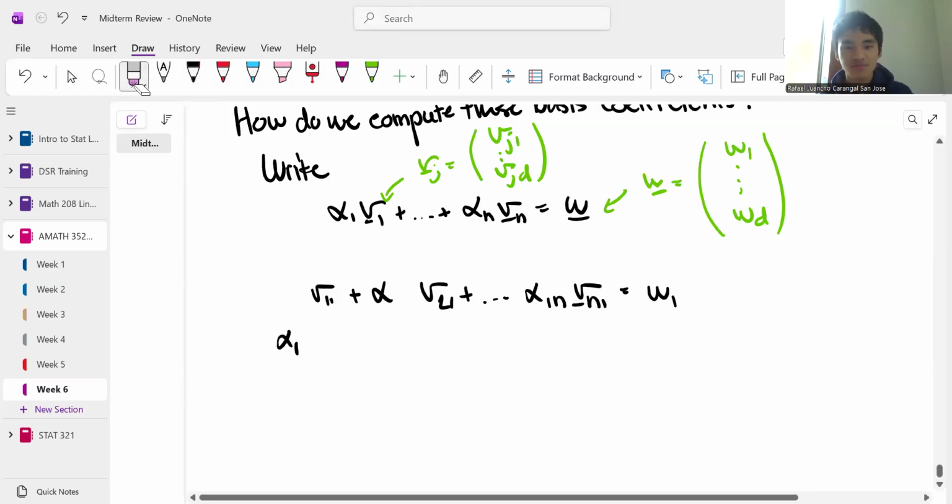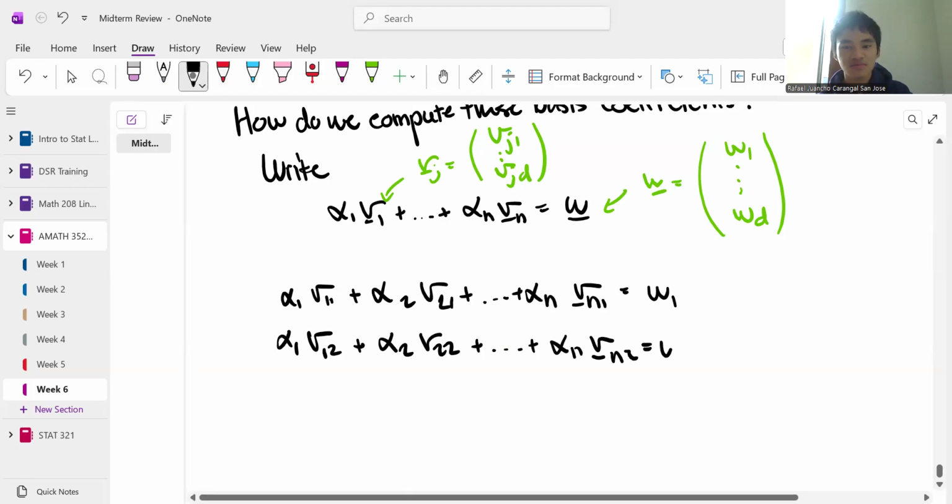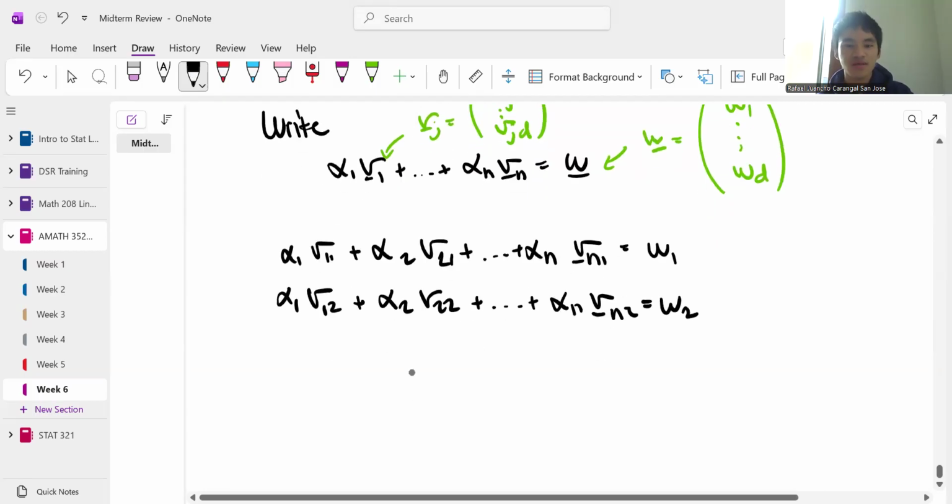Then we have alpha 1 V1,2, alpha 2 V2,2, all the way to alpha n Vn,2, equal to W2. And we can see a pattern here, right?